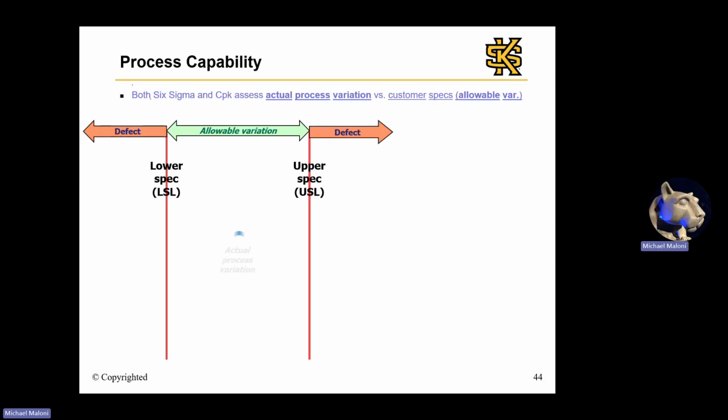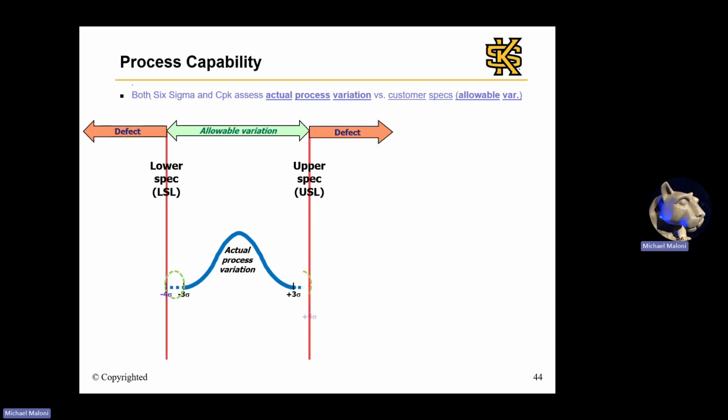For instance, a distribution that is inside spec limits, let's say it has a CPK value of 1.33, and we see a bit of cushion between the -3 sigma and the lower spec limit. And in fact, the -4 sigma of actual process variation crosses the lower spec limit.